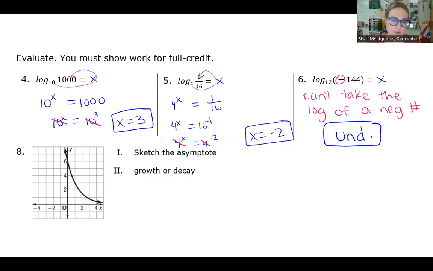Sketching the asymptote. So for this one, to sketch the asymptote, it will always be horizontal. And so it'll go right here because it looks like the graph is coming down and leveling off at 0. Oh, that one is a lot more bold than I wanted it to be.